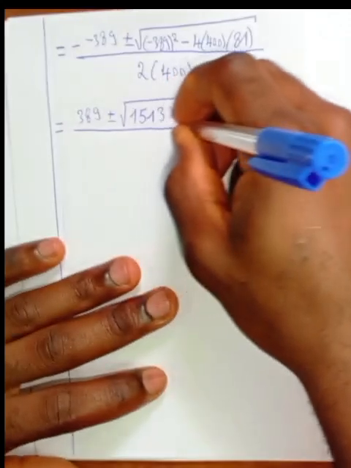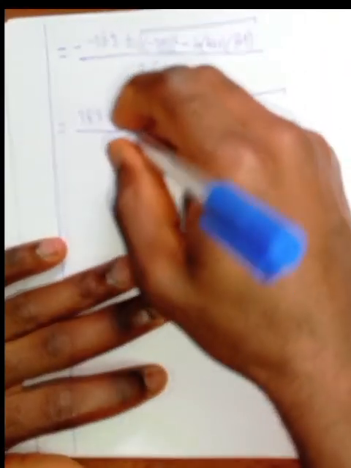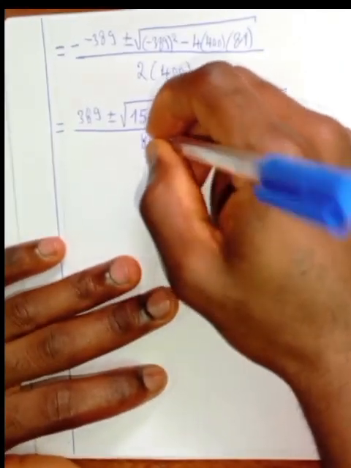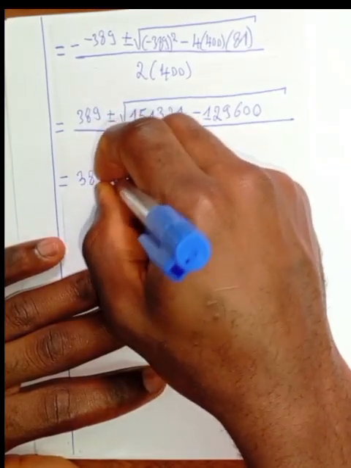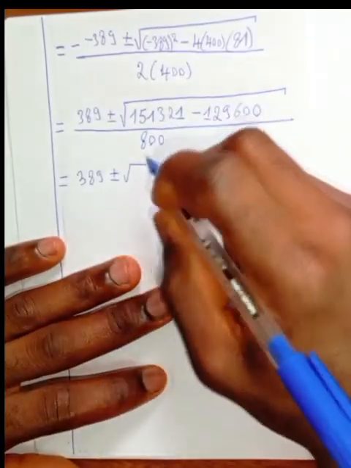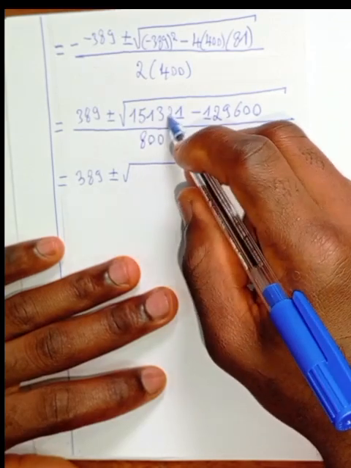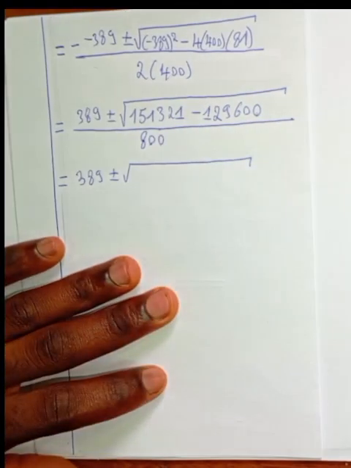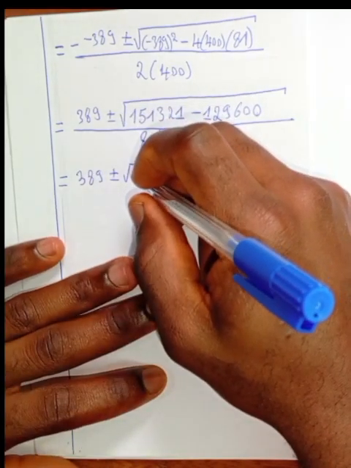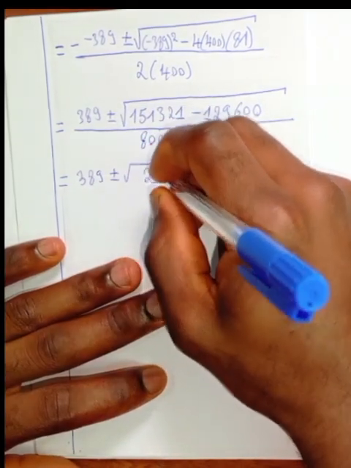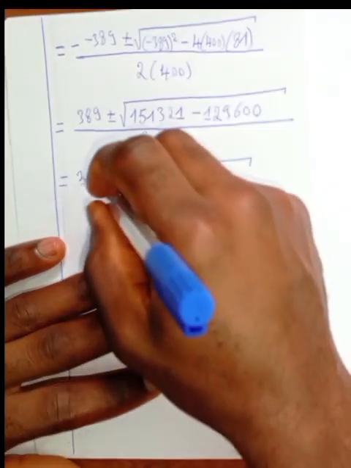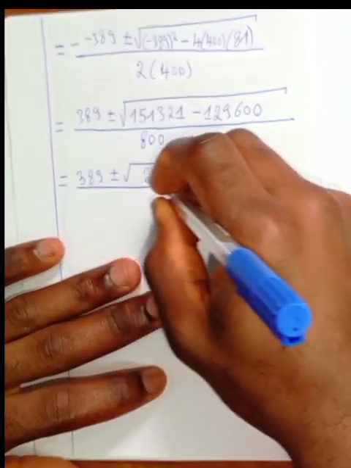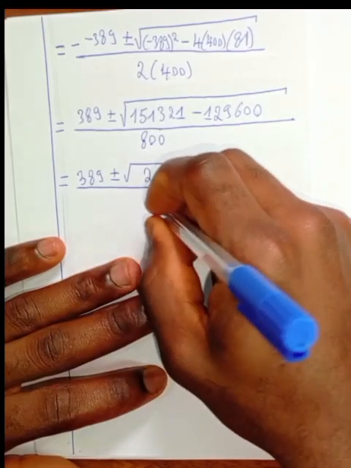We divide all this by 2 times 400, which is 800. This will give us 389 plus or minus the square root of, we take 151,321 minus 129,600. We are going to obtain 21,721. Divide this by 800.